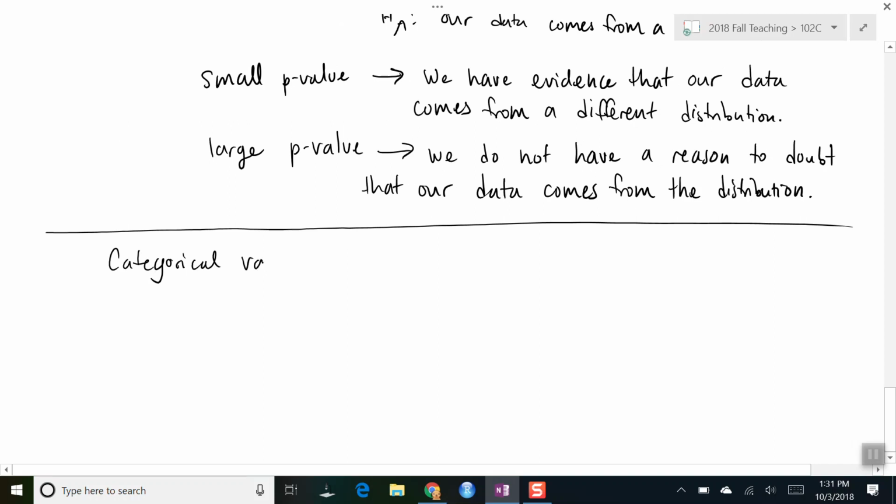So I think I have you guys do that for something. On the other hand, for categorical variables, what's a test that we can use to see if our categorical data fit certain probabilities?